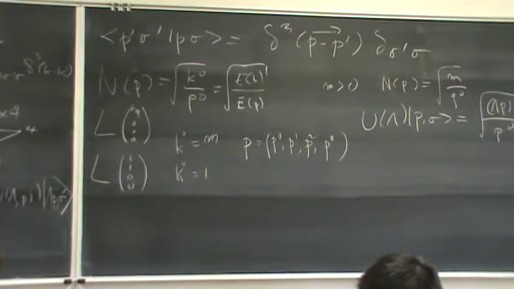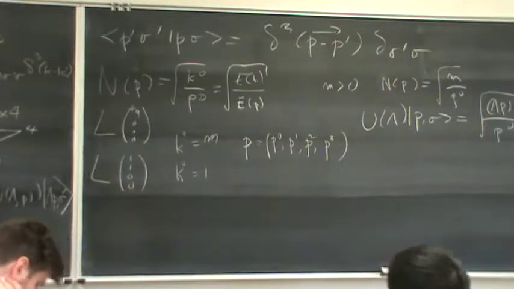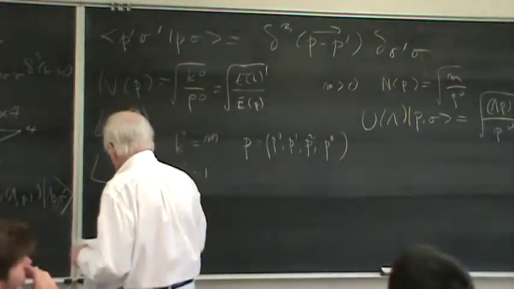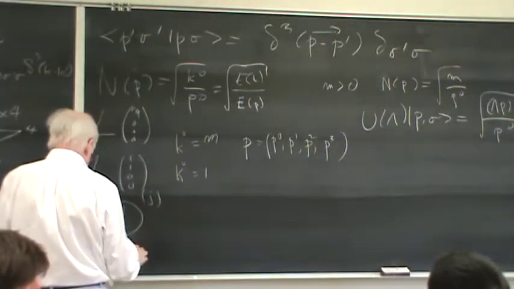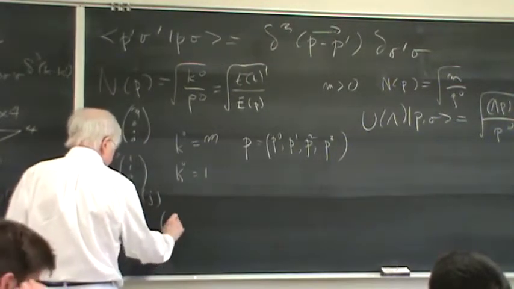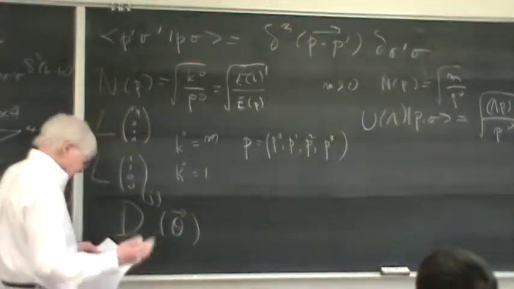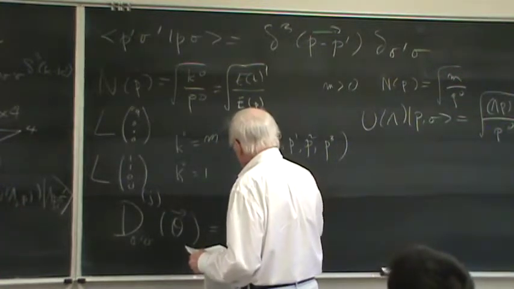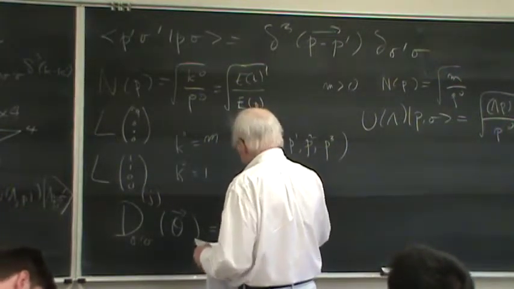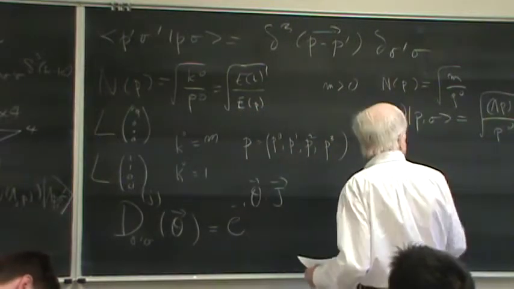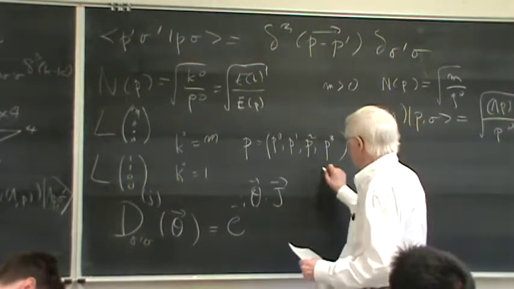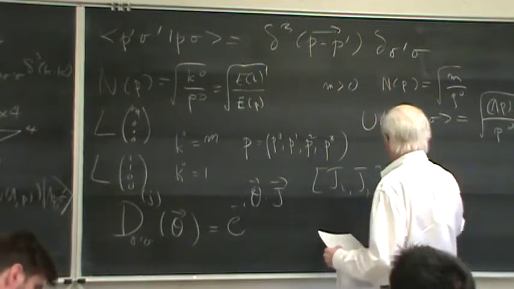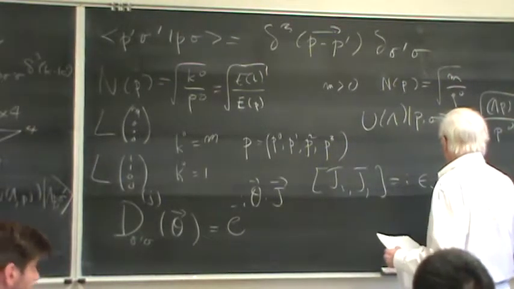So let me just describe this one more time. For massive particles, K is that, D^j, spin j, sigma prime sigma of theta. Now I'm going back to the stuff that I talked about last week. E to the minus i theta dot J, where these J's are 2j plus 1 by 2j plus 1 matrices, and we have J_i, J_j equals i epsilon_ijk J_k.